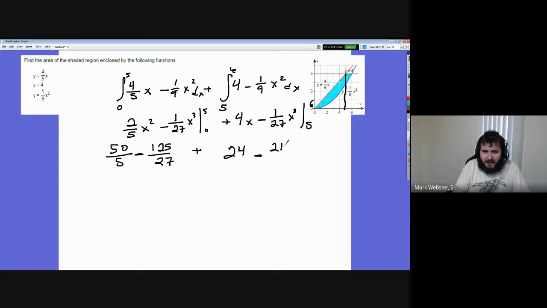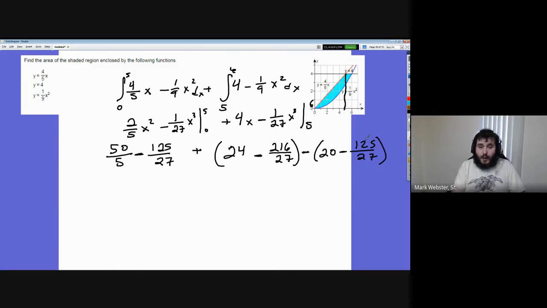We'll simplify that in a little bit because there's something you can pull out of that for sure. Minus evaluated at 5. So now we're going to have to do it evaluated at 5. 20 minus 125 over 27. Oh, and actually, if you notice, 125 over 27, 125 over 27, there's going to be some good cancellation. So this is actually going to come out real nice.